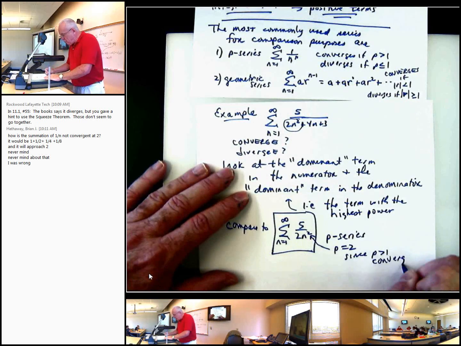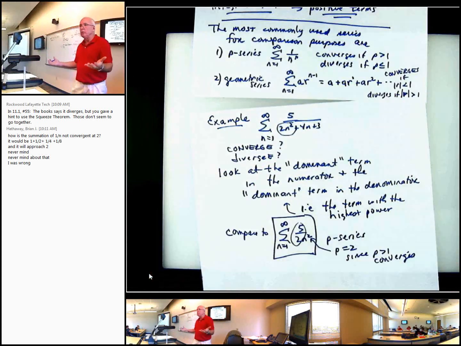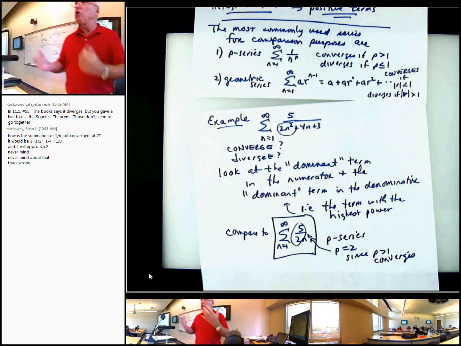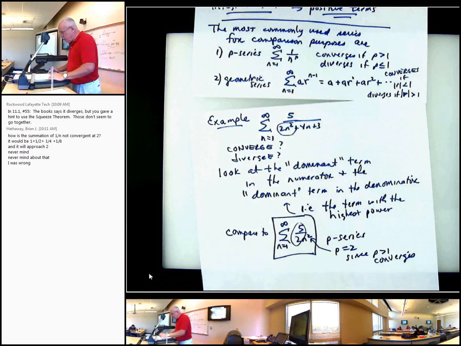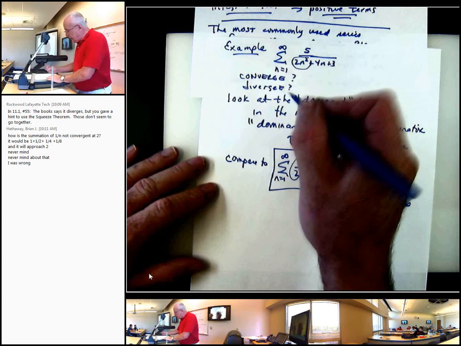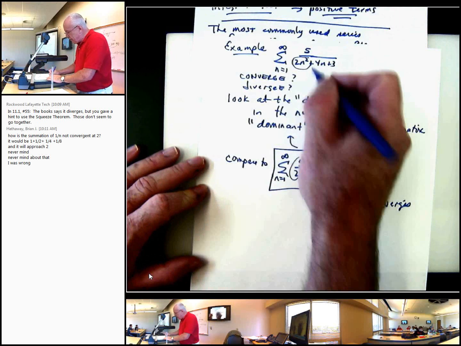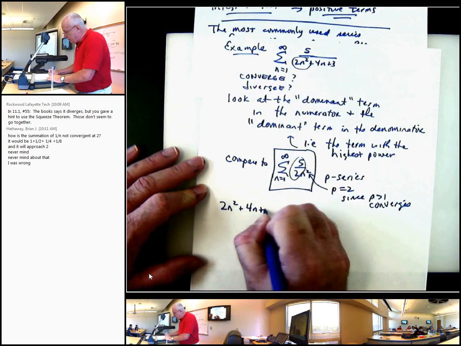This 5 over 2 is just multiplying things by a number. It's not going to affect whether it converges or diverges. It's still going to converge. All right. So we're comparing it to a convergent series. Now let's look here at what we have. This denominator in our given series is 2n squared plus 4n plus 3.